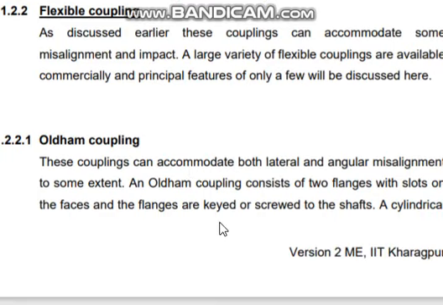This Oldham coupling accommodates both lateral and angular misalignment to some extent. No, I don't think it is angular misalignment. Lateral misalignment it can accommodate, if the axes are not coaxial but they are parallel, then you can use it. Oldham coupling consists of two flanges with slots on the faces, and the flanges are keyed or screwed to the shaft.